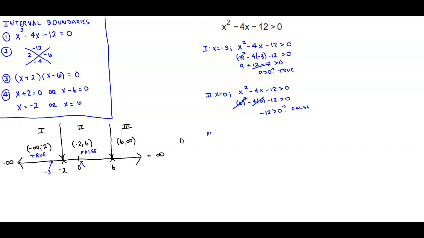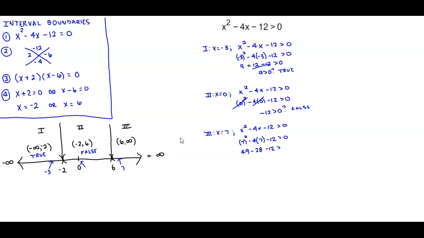Now let's take a look at interval number 3. We're going to pick a value in there, so we can pick 7. So x is going to equal 7. And again, we're going to plug it into the quadratic inequality. So we get 7 squared minus 4 times 7 minus 12. We want to see if that's greater than 0. Well, 7 squared is 49. 4 times 7 is 28.